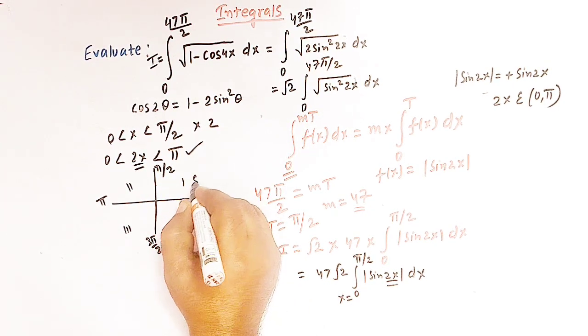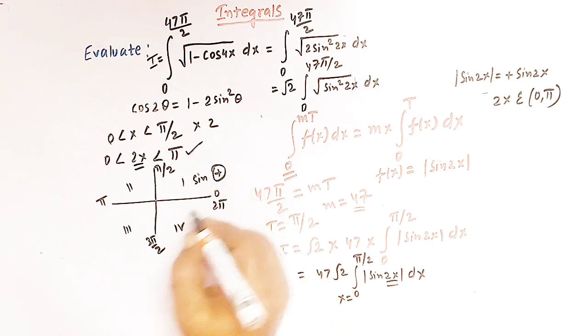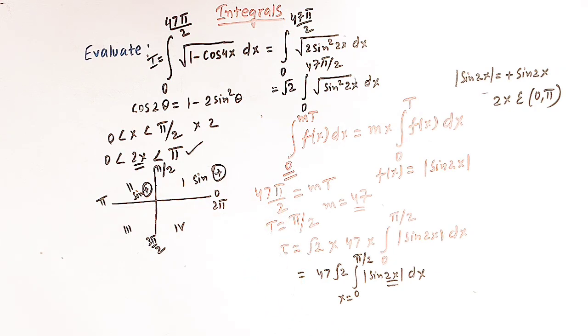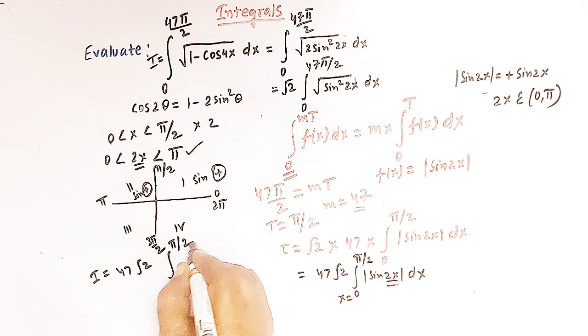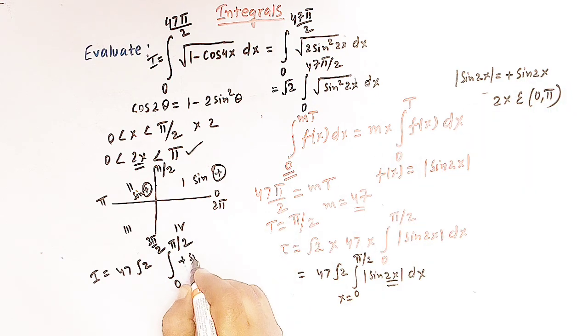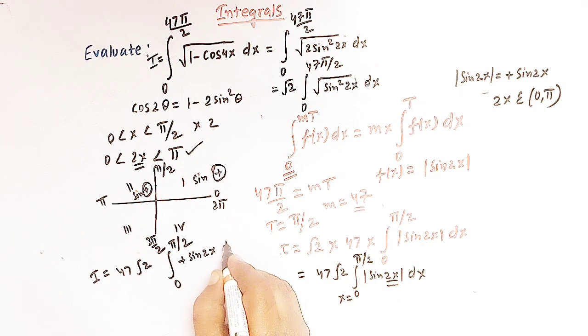So the sine function is positive in the first and second quadrant, right? So now this integral I takes the form 47 root 2, and we have 0 to pi by 2, and mod of sine 2x is given by positive sine 2x dx.